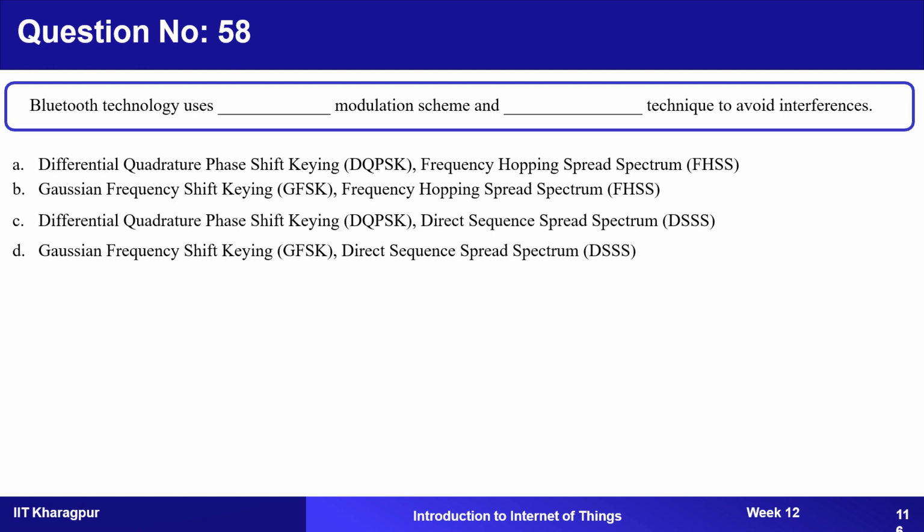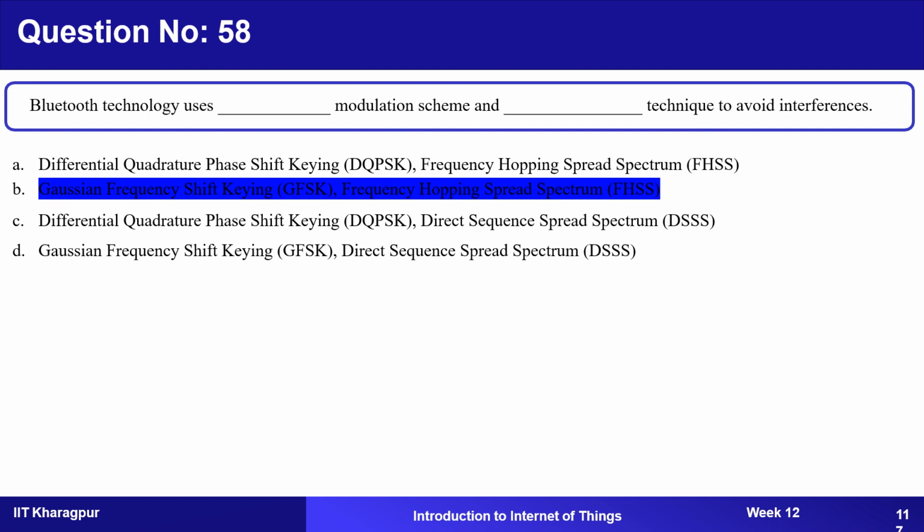Options are, first one is DQPSK and FHSS, second is GFSK and FHSS, third one is DQPSK and DSSS, then GFSK and DSSS. Second one. Okay. Anyone else? So B is the correct option for this.